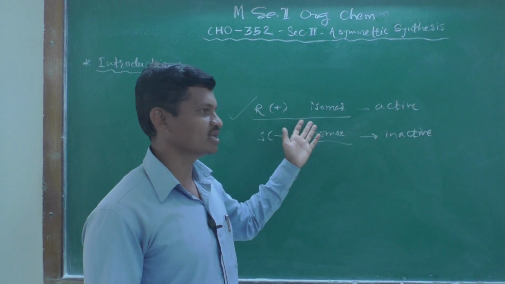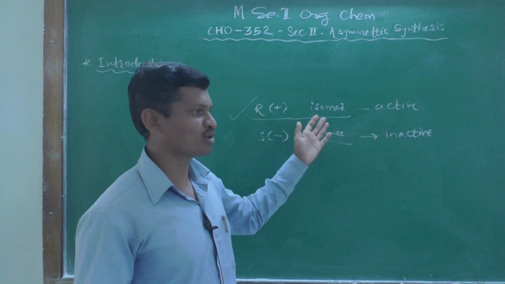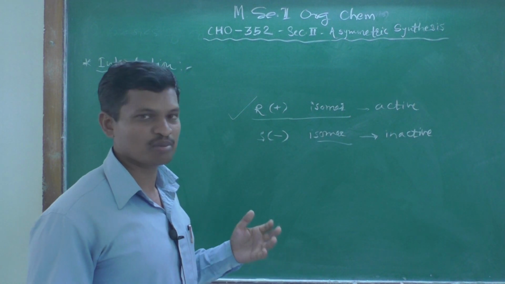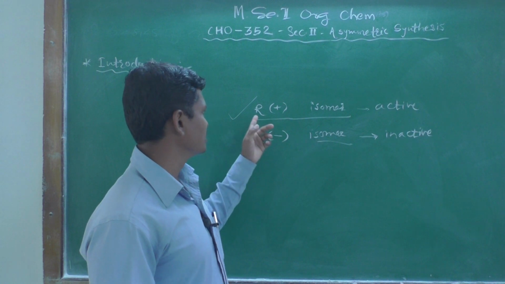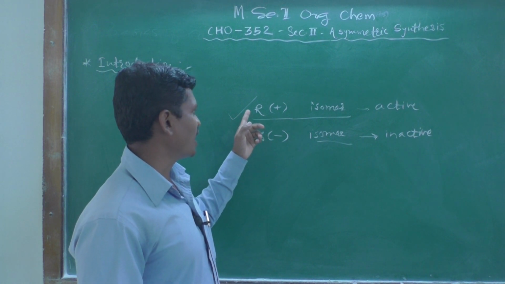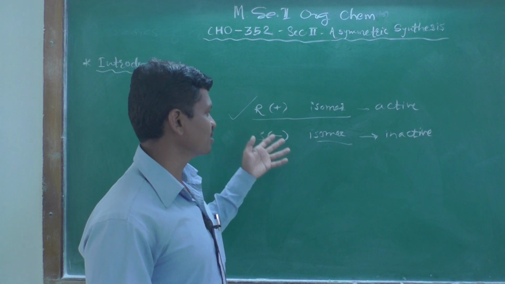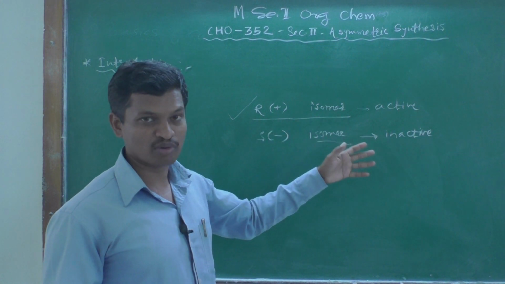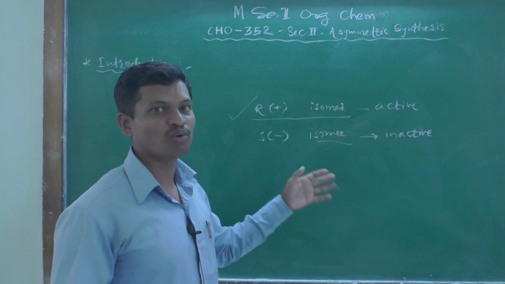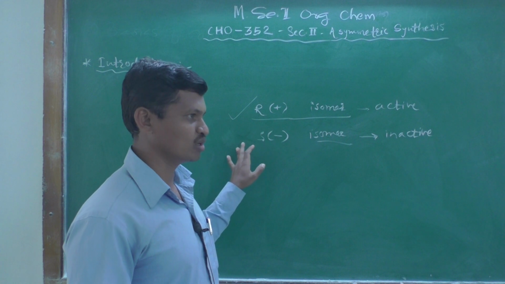Okay, so we can say that this compound has a therapeutic use or pharmacological use. And if the R isomer is active, in some cases the S isomer of that same compound may be inactive or it may not be useful.